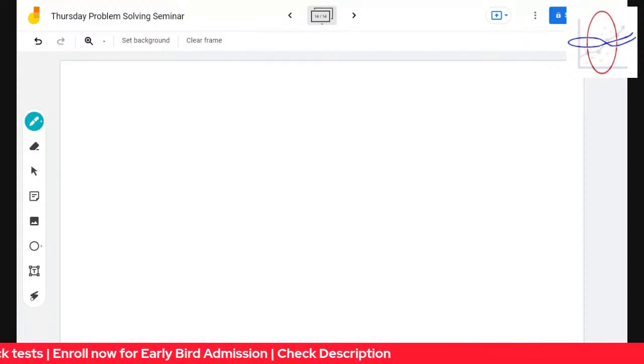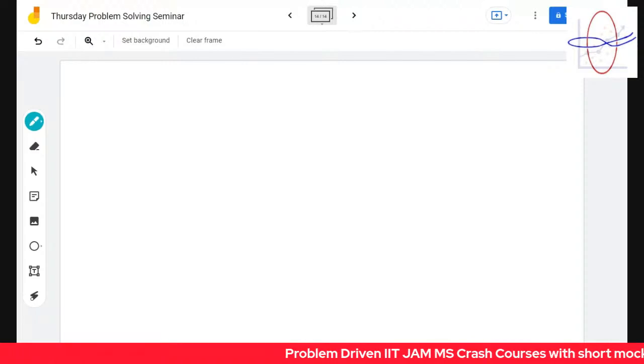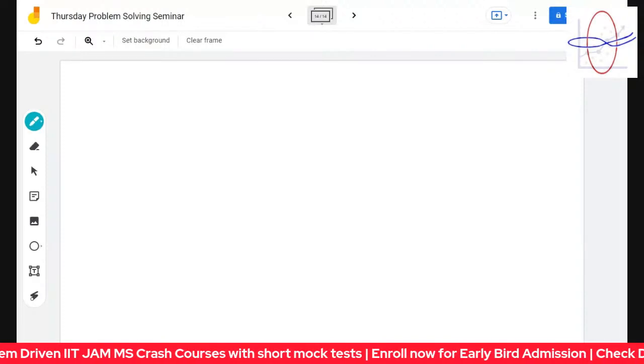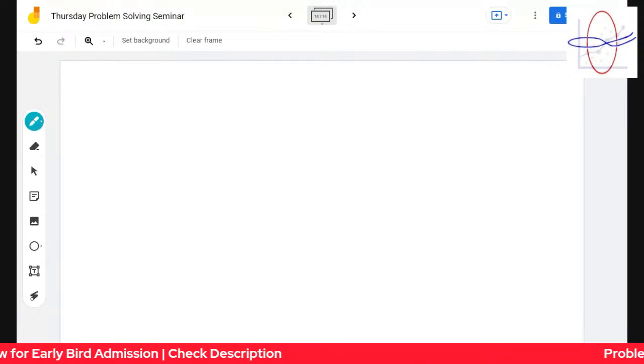Tishika's other doubt is the marginal distribution of x and y. Okay, I will do this, Tishika, because I have not done this in my class yet, so I cannot do it now. But I will do this. Okay, let's do the next problem.